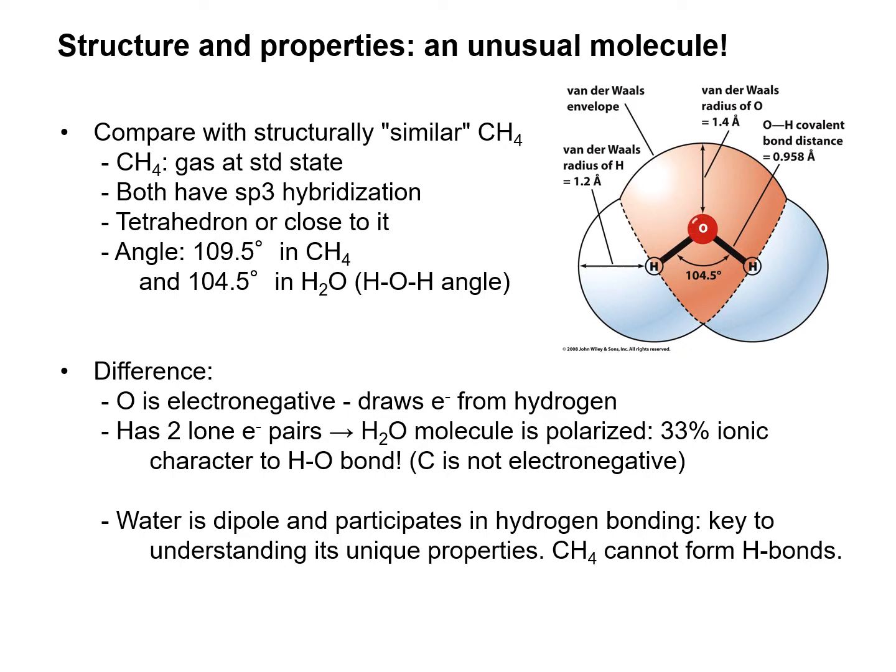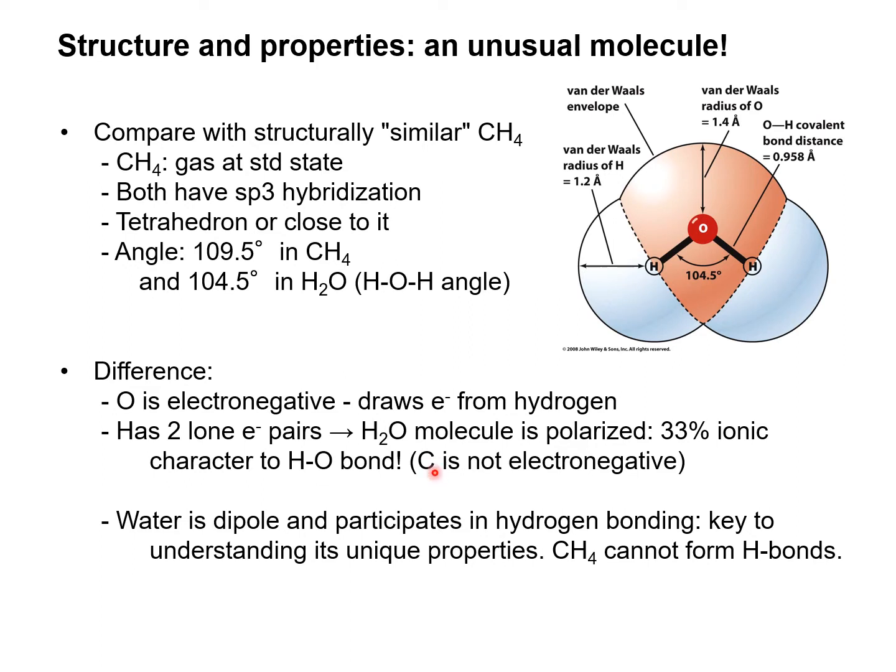The difference is that, first, the oxygen atom here is electronegative, so it draws the electrons from the hydrogens. And it also has two lone electron pairs, and that makes the water molecule polarized, and that leads to 33% ionic character in these OH bonds.